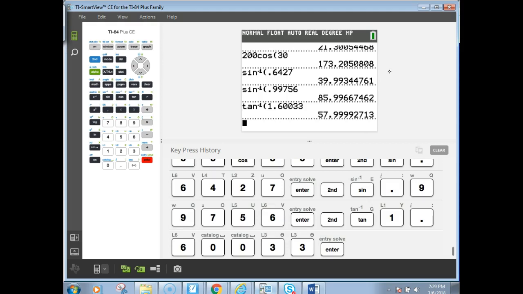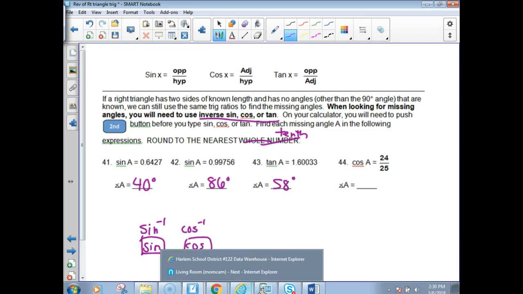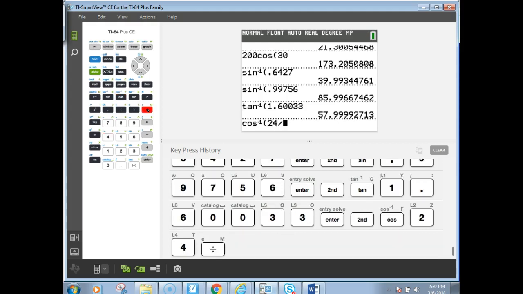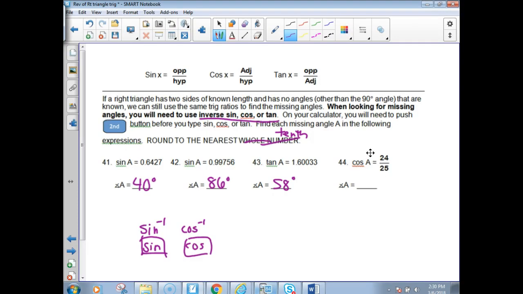Okay, 58 degrees. And then you do put in the fraction. You hit second cosine, 24/25. 16.3 degrees if you go to the tenth.